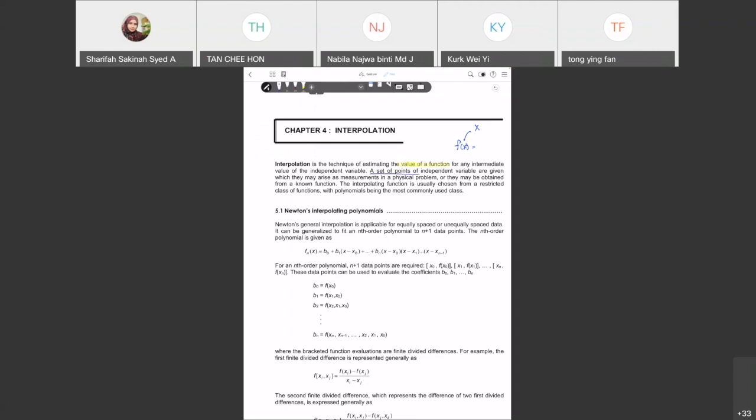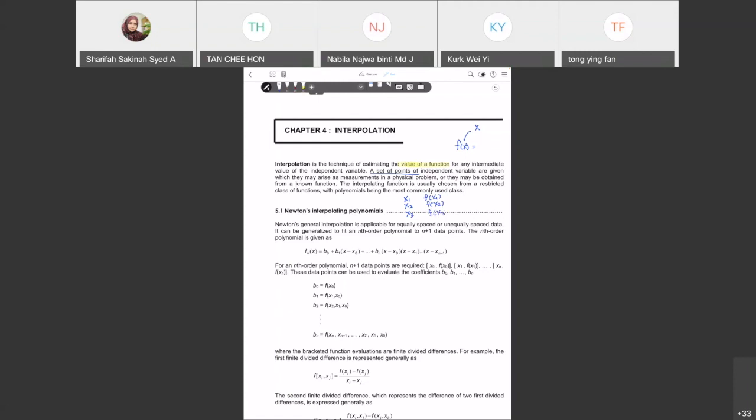Okay, so remember, if you want to use a numerical method, it does not come from zero. It will have some information about the problem. So the information is a set of points, x1, x2, x3. This is what we call points. We have the values f(x1), f(x2), f(x3).